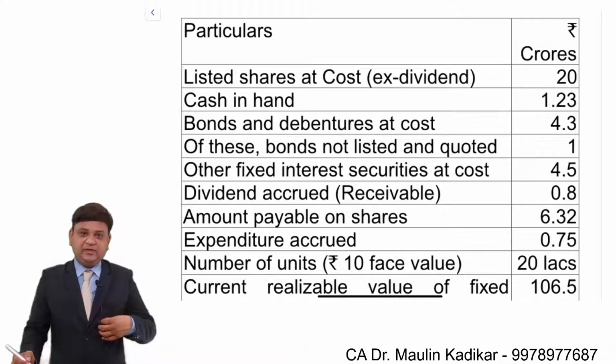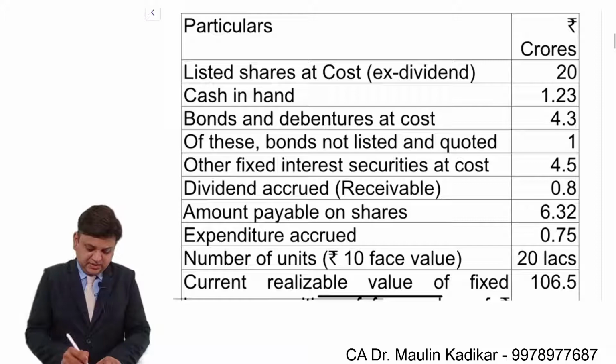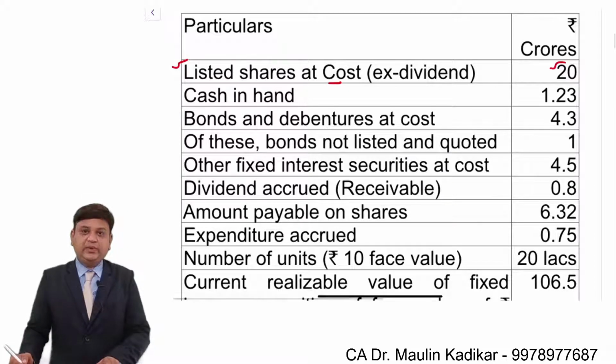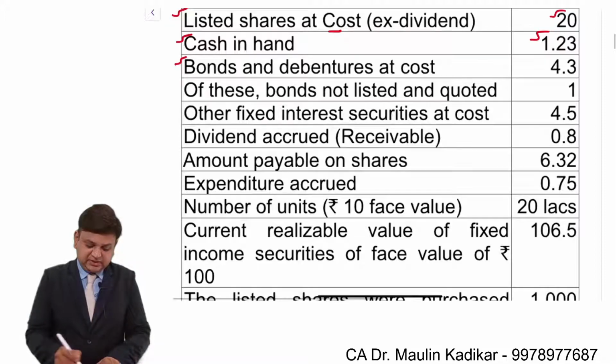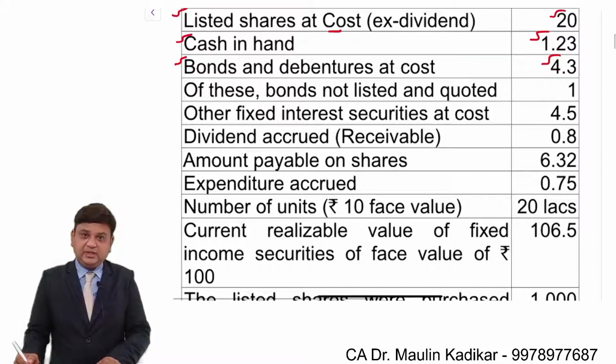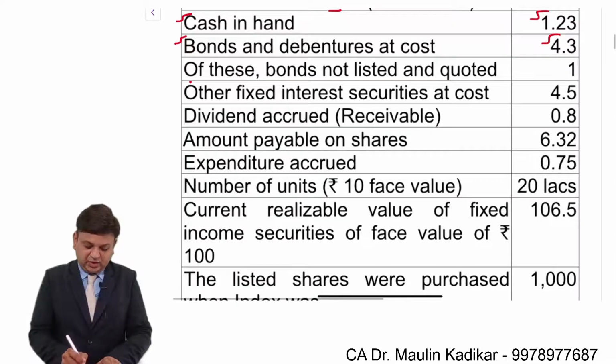We have been provided with information about the listed shares at cost ex-dividend 20 crore, cash 1.23 crore, bonds and debentures at cost 4.3 crore. Of these, bonds not listed and quoted is 1 crore.